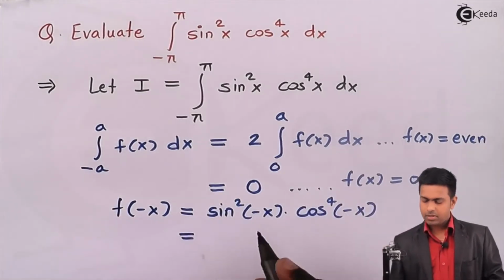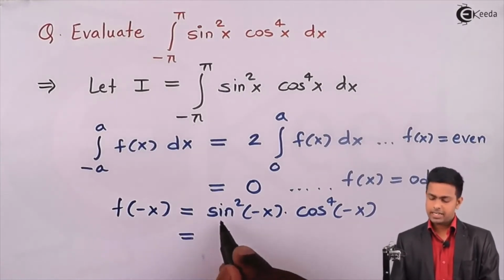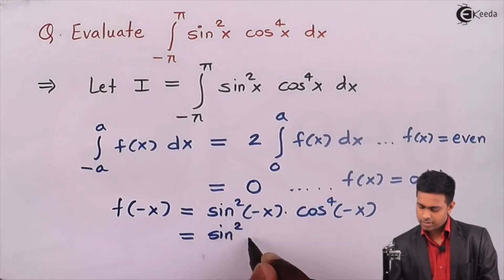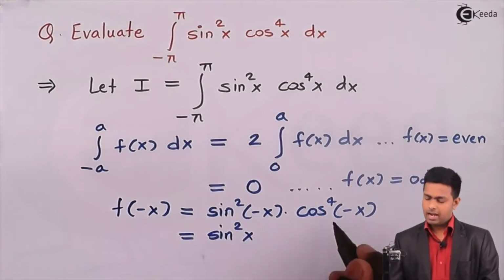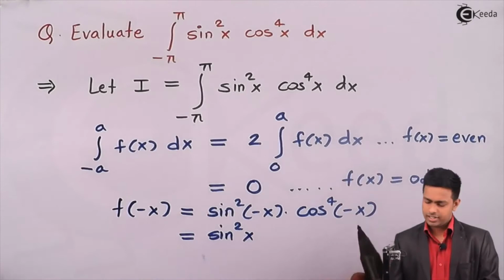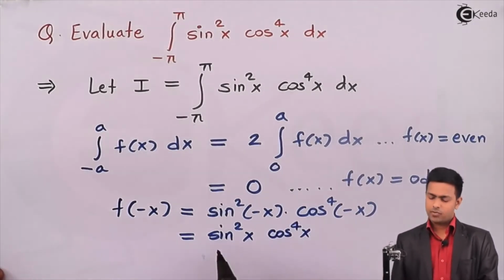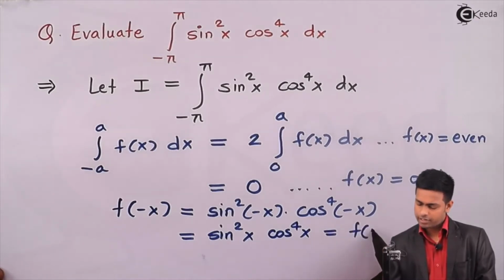Sine of minus theta is minus sine theta, but due to the square it will be positive sine square x, and cos of minus theta is cos theta, so that is cos raised to 4x as it is.